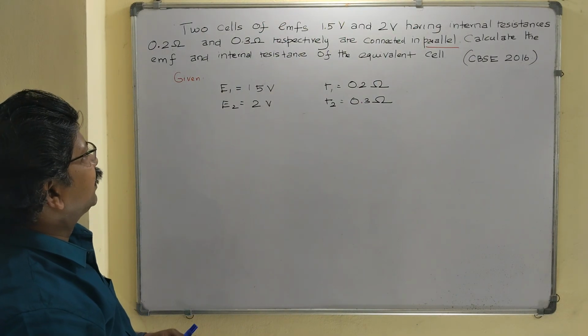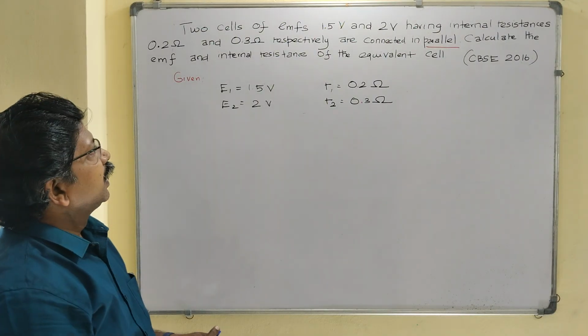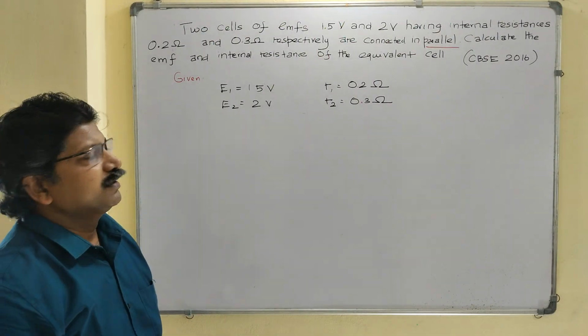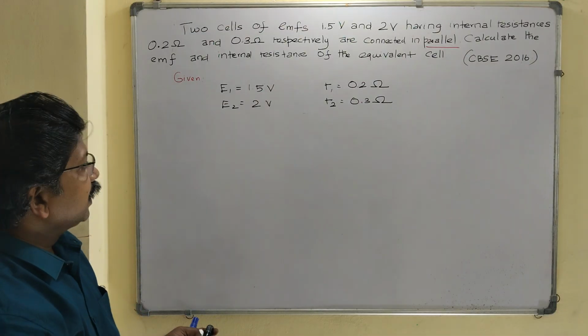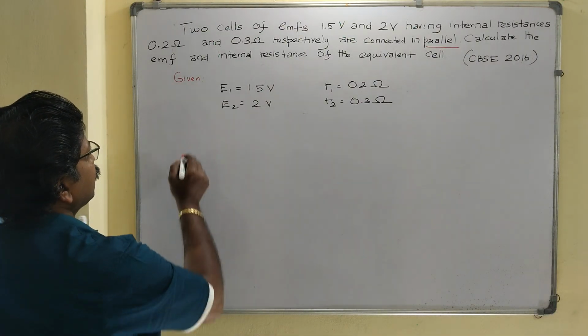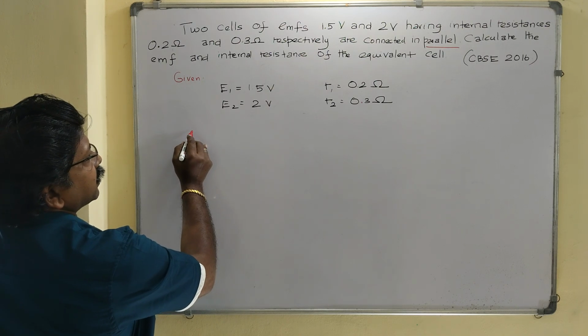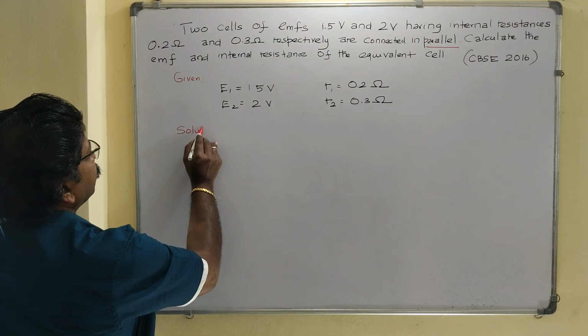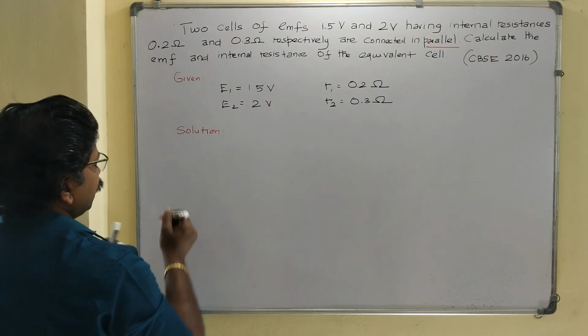Now the question is, calculate the EMF of the equivalent cell connected in parallel. So we know the formula for the EMF of cells connected in parallel. What is the formula?